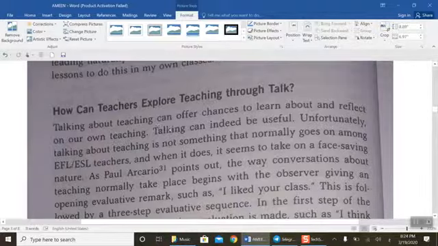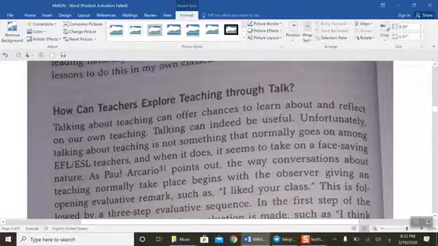Talking about teaching can offer chances to learn about and reflect on our own teaching. Talking can indeed be useful. Unfortunately, talking about teaching is not something that normally goes on among EFL or ESL teachers.